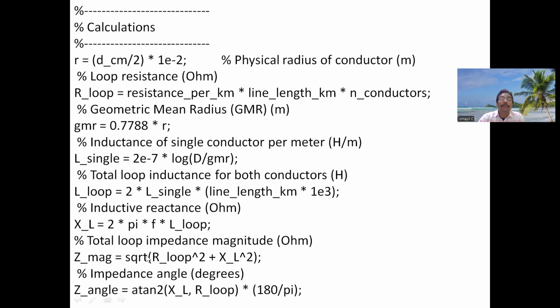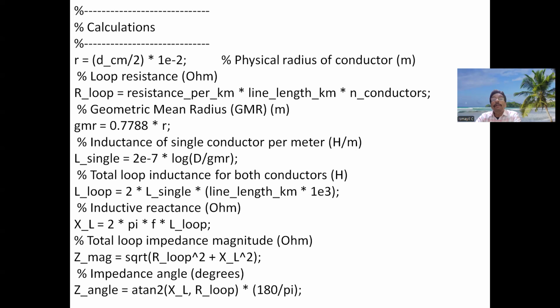Then if you need, you can find the phase angle of the impedance using tan inverse, which is represented as atan2, the function to calculate tan inverse in MATLAB. And we need the answer in degrees, which is why I am multiplying by 180 by pi.